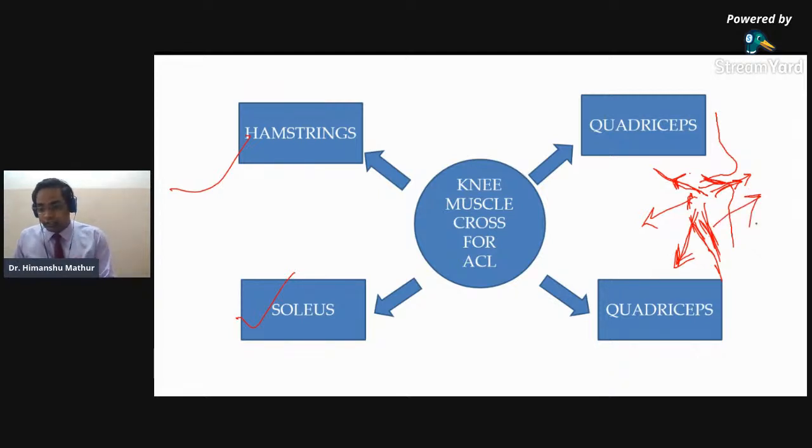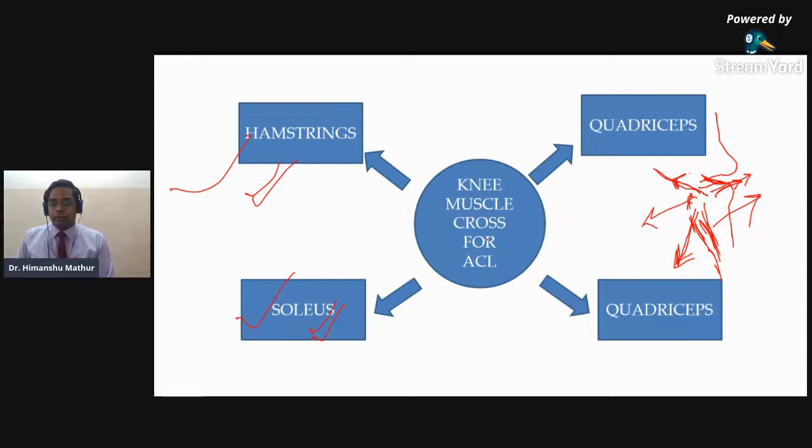So whenever you have a torn ACL, or a patient who is rehabilitating for ACL reconstruction, you must account for strengthening of the hamstring muscle and the soleus muscle. These are the two muscles which must be strengthened in the rehabilitation of ACL, either reconstruction or ACL tear.